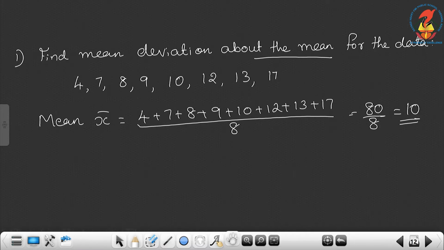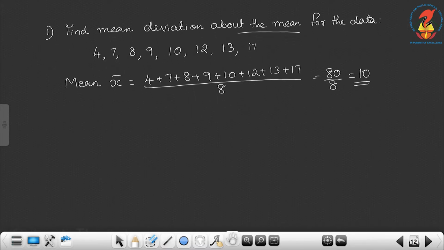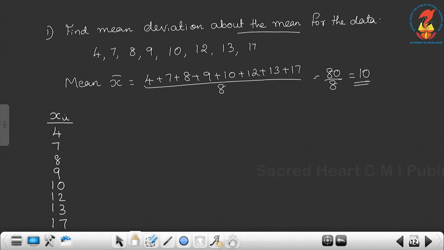Now we have to find the deviations. So if you want, you can draw the table. Okay. So xi: 4, 7, 8, 9, 10, 12, 13, 17. The next column is xi minus x bar.